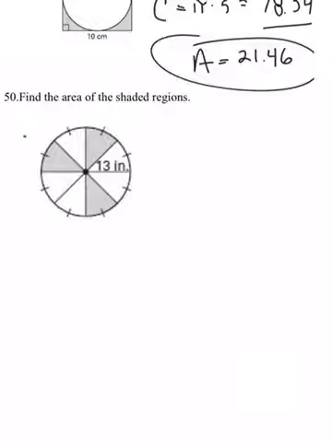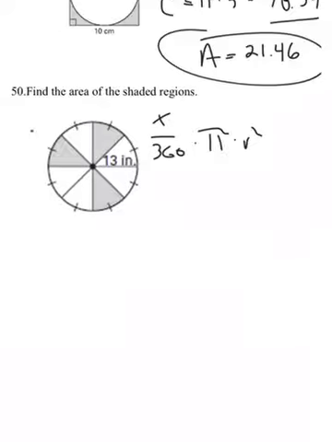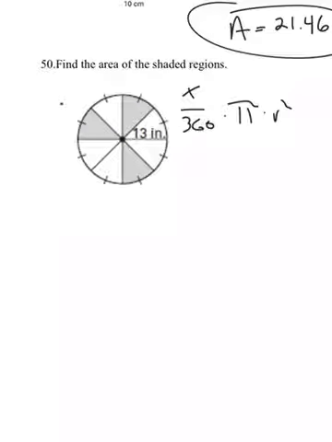Speaking of area of the shaded region, last question, we are almost done. So we need the formula x over 360 times pi times radius squared, because I want you to find the area of the shaded region. There are 1, 2, 3, 4, 5, 6, 7, 8 slices. 360 divided by 8 is 45.